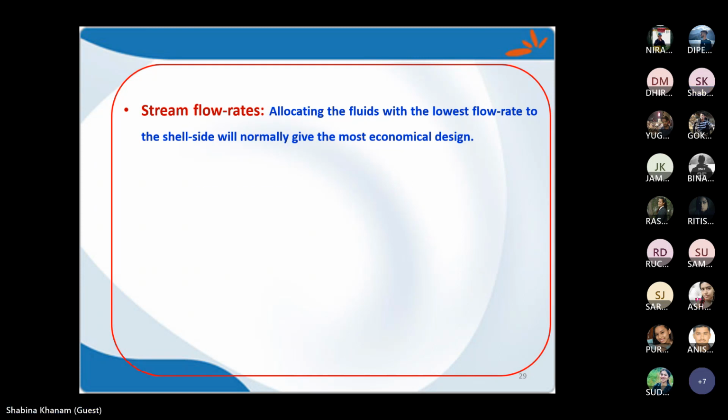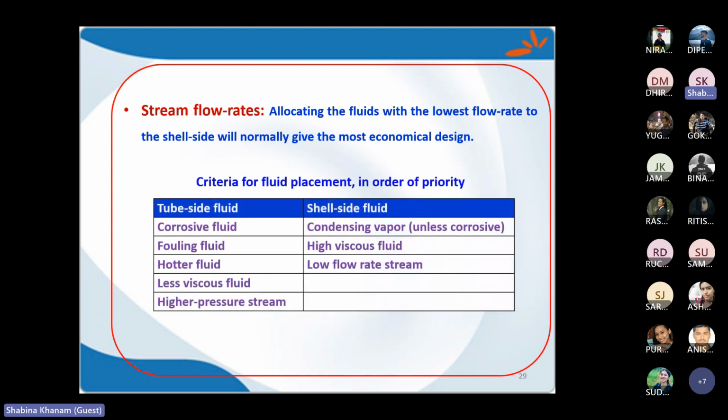Now these are some of the parameters which we have discussed, and now we will see the criteria for fluid placement in order of priority. Which parameter you should consider first to allocate the fluid? If I consider tube side, corrosive fluid, if you know the tendency of the fluid, should be allocated to tube side.